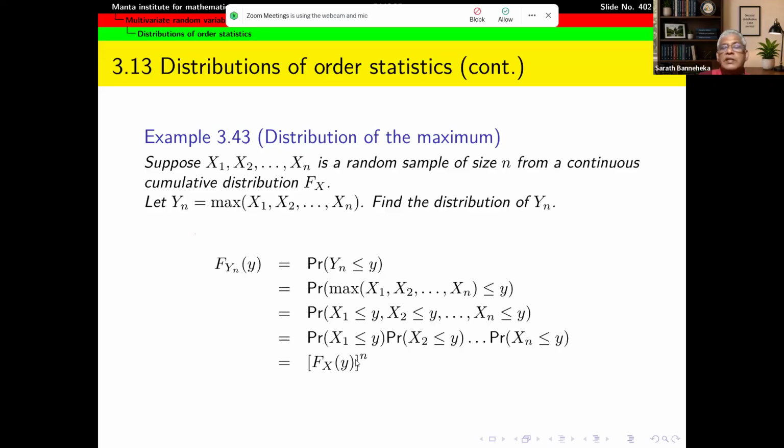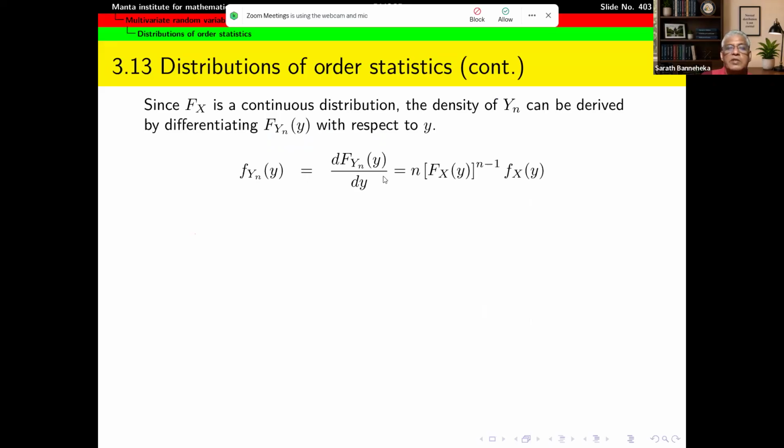Now we can get the density function of Yn by taking the derivative of this with respect to y. Then we get this expression, right? The derivative will be n times F_X(y) to the power n minus 1, and then you have to multiply by the derivative of the inside function, that is f_X(y).